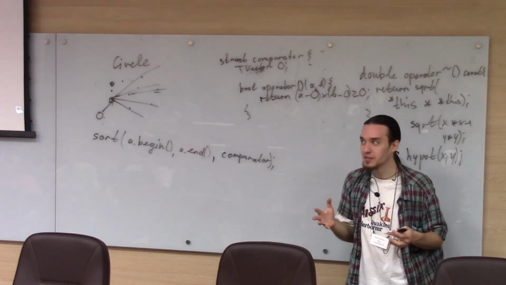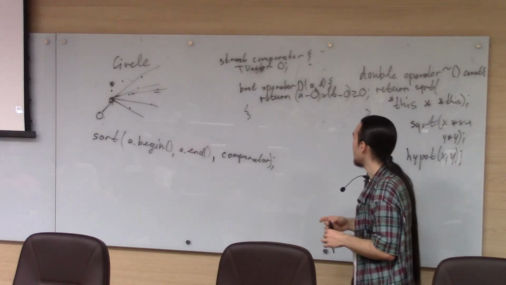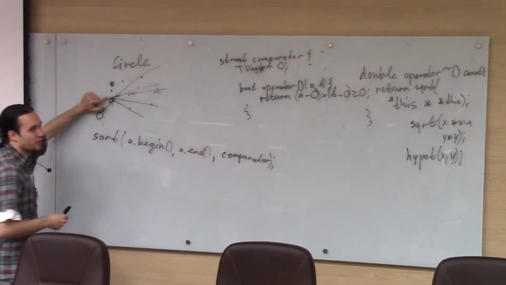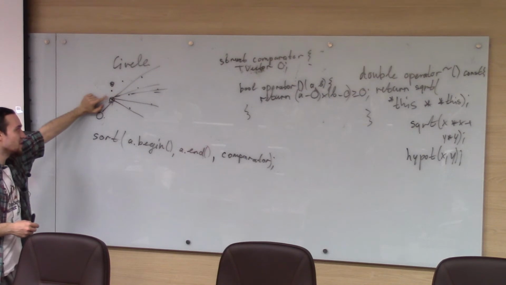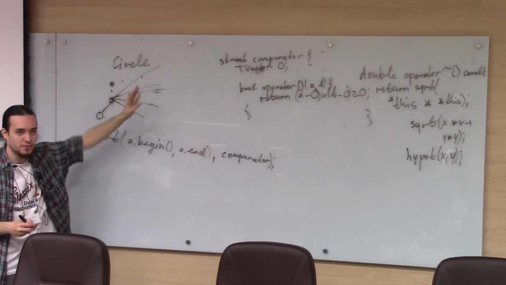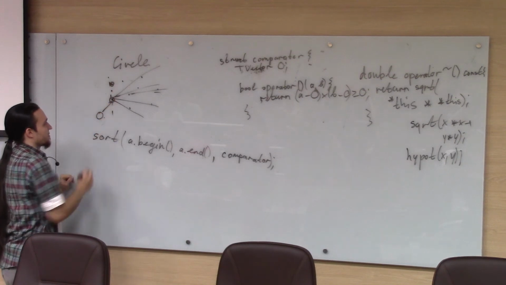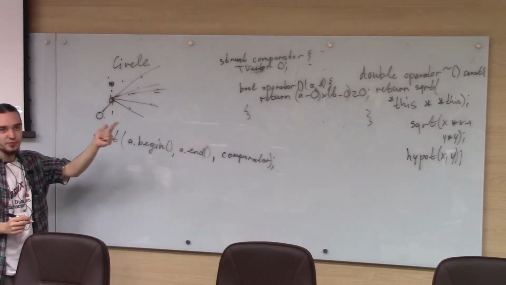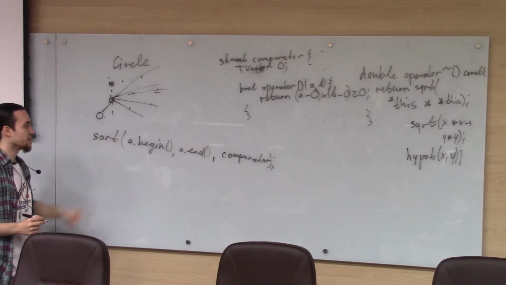The reason why it actually works is because of the way we have chosen our point O. We know that all other points lie in the same half plane with respect to O, like this. So this will work as a comparator for our sort function.